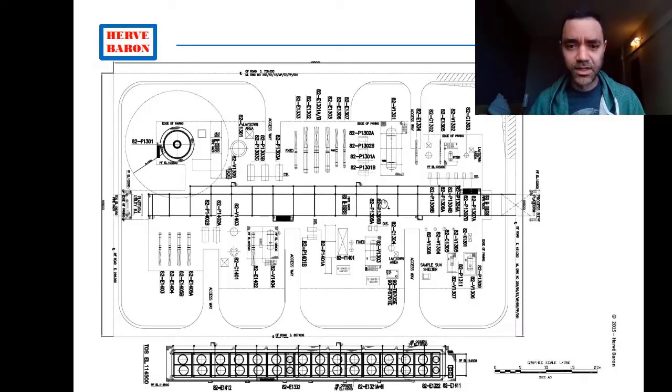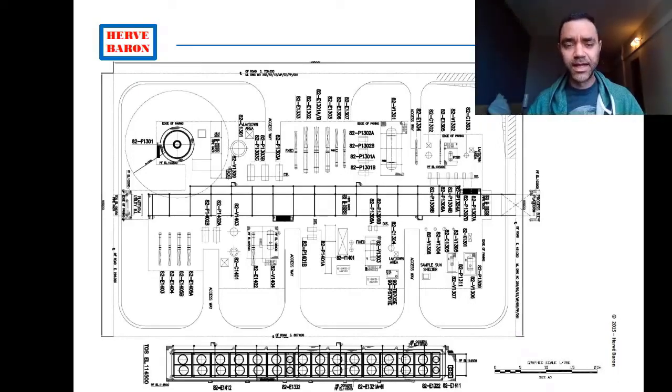You can see if it has a pipe rack. The pipe rack usually is a structure that supports all the pipelines of a project, and it is not on the floor. It is elevated so that people or equipments or moving parts can move below the pipe rack.